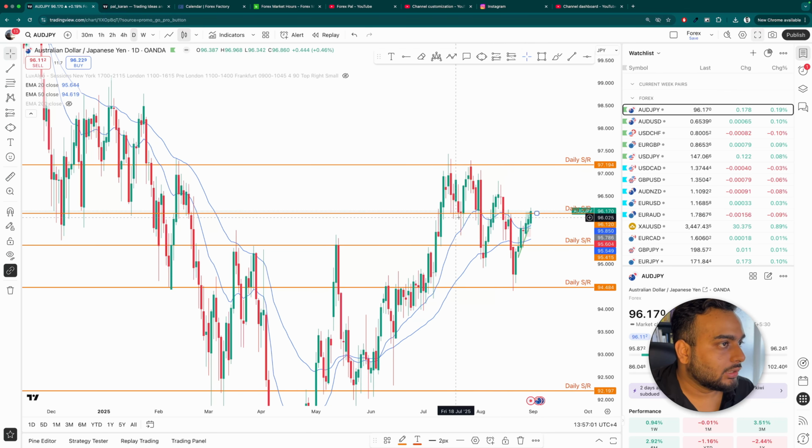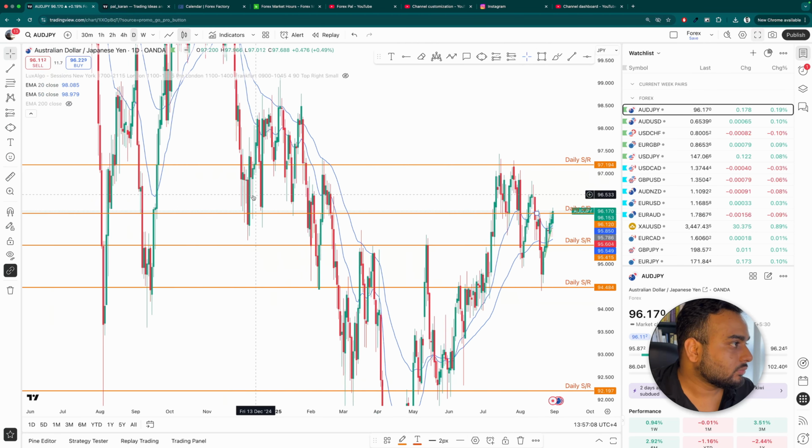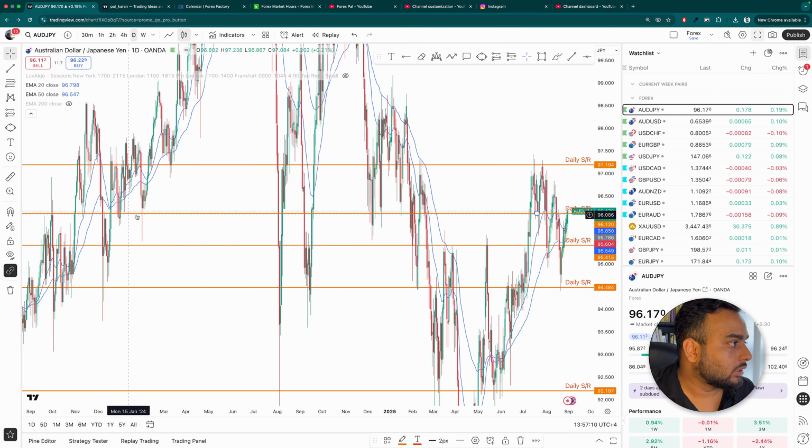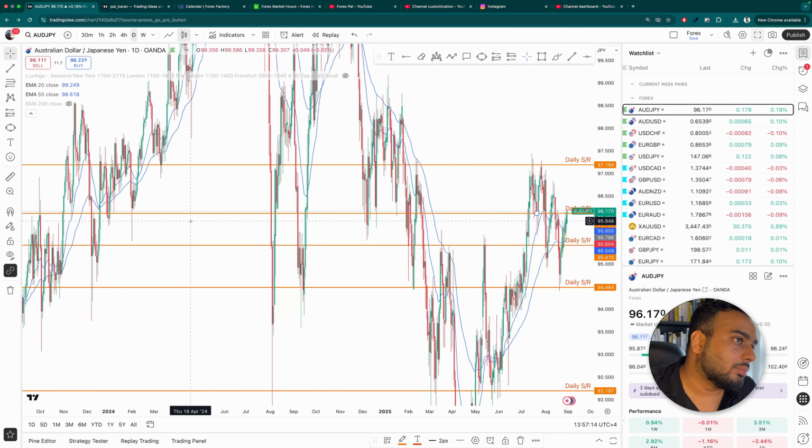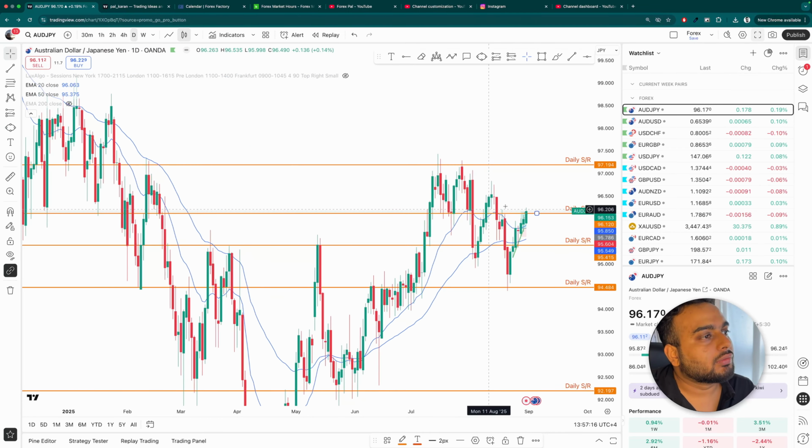So we have one, two, even the current price is right here. Then we have three, four. Yeah, the candle has closed below this, but it's still a good level of resistance.